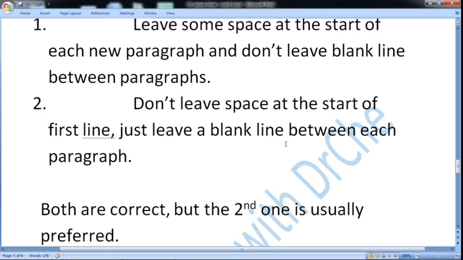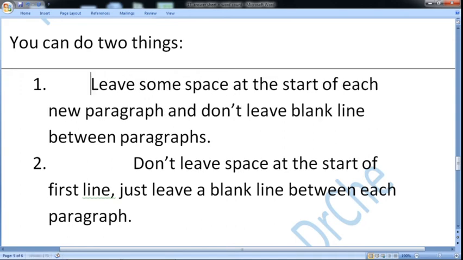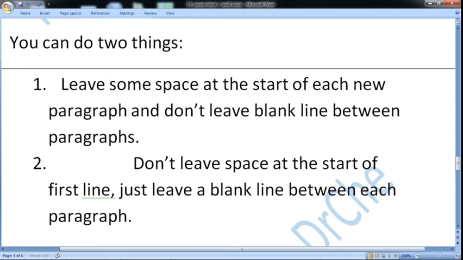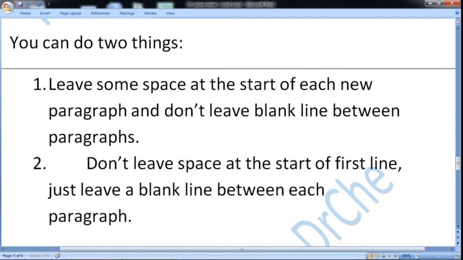After you write the introduction, you leave one blank line, then write the first body paragraph, then leave another blank line. This was the first method; now we remove the indentation and start each new paragraph from the beginning.